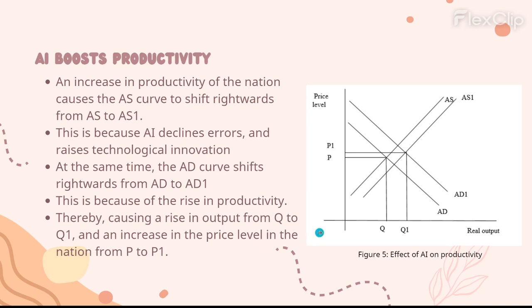The increase in the productivity of the nation causes the AS curve to shift to the right from AS to AS1.